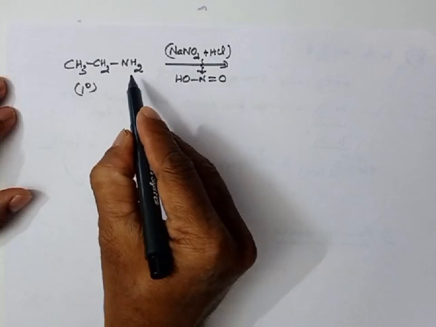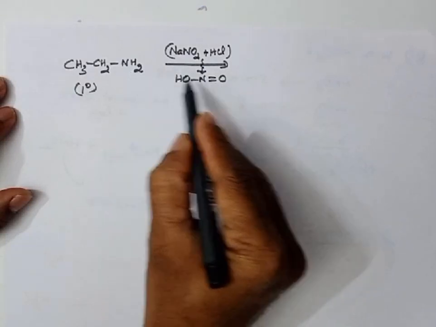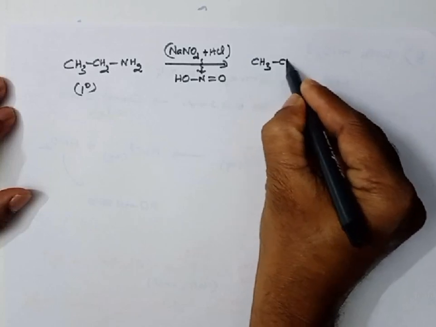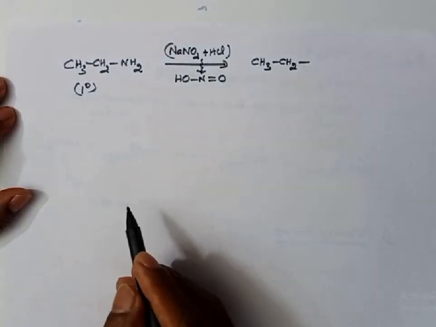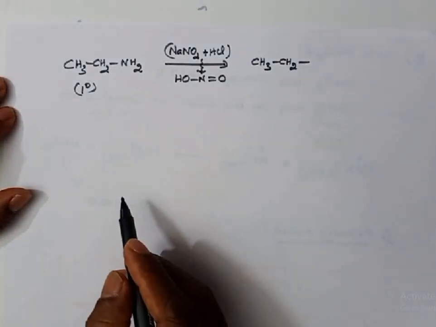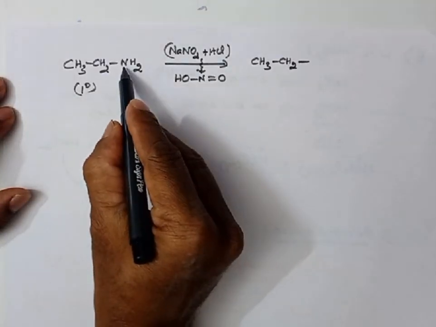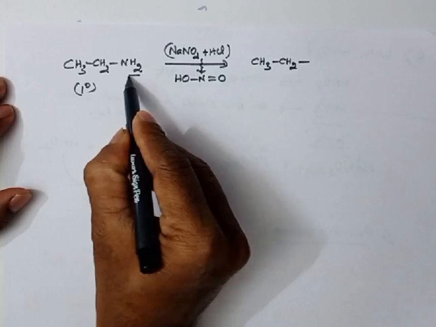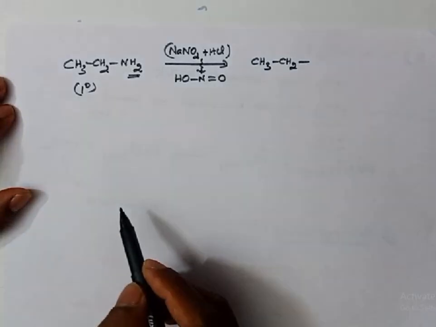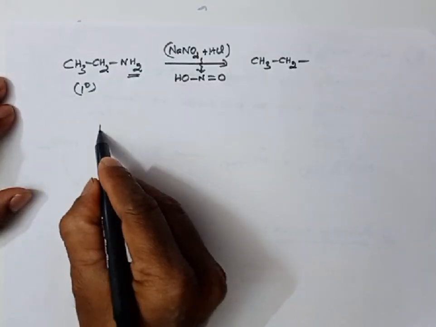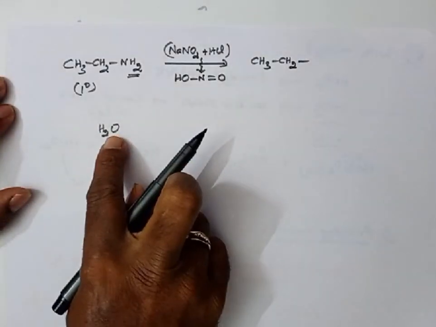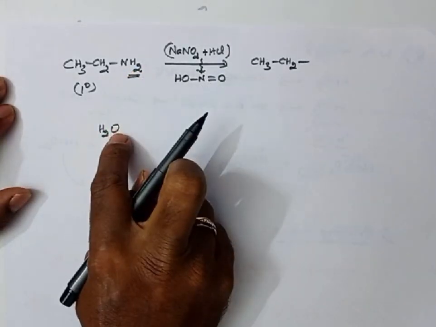Listen, student. And H2O is eliminated actually. So you get this product CH3CH2. Very simple. This nitrogen, just for understanding purposes, I am telling you this. Nitrogen has 2 hydrogen here. To eliminate water, what is the water formula? H2O. To eliminate water, you require 2 hydrogen and 1 oxygen.